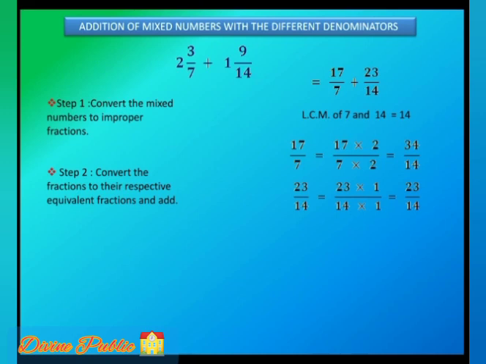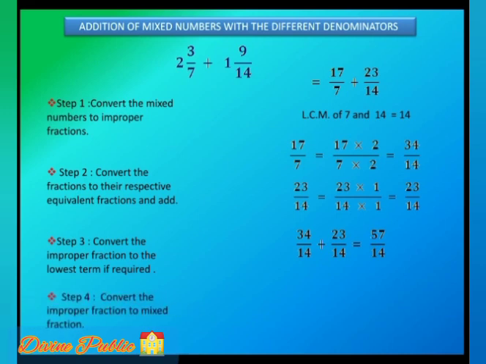Now we have to add both numbers, 34/14 plus 23/14, that is equal to 57/14. Now reduce to the lowest term if required, and then convert this improper fraction to a mixed fraction. So the answer is 4 1/14 or 4 whole 1/14.